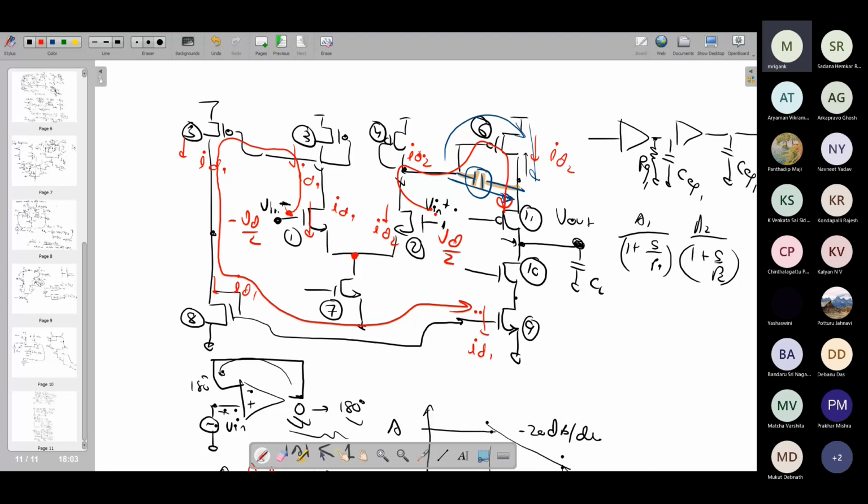Just for the sake of definition, we are saying there is a differential signal, and whatever common mode is there is eliminated, suppressed. So you have plus VD/2 and minus VD/2 on the two input terminals.